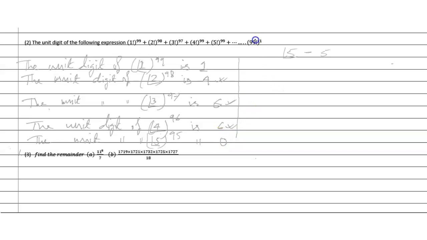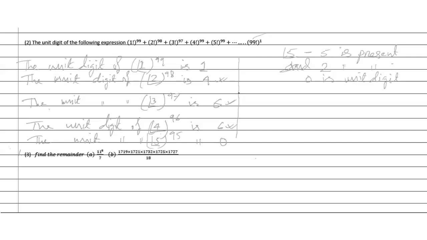So friends, because 5 is present and 2 is present, 0 is the unit digit, so no need to calculate beyond 5 factorial, because everywhere 5 is present and 2 is present, so unit digit is 0.